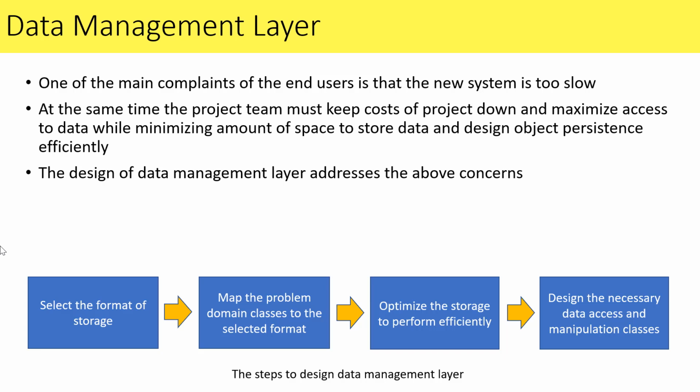Then, of course, you need to map the classes to the selected database. So, for example, the most common data persistence environment used for an object-oriented system is usually the simple relational database management system that you have on your computer, if you have installed SQL Server, for example.